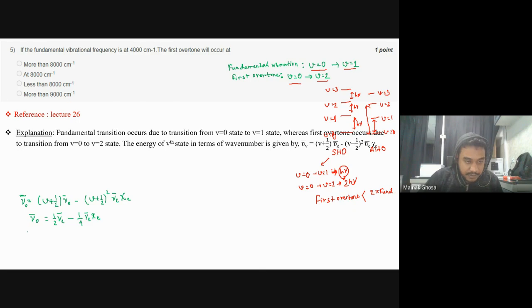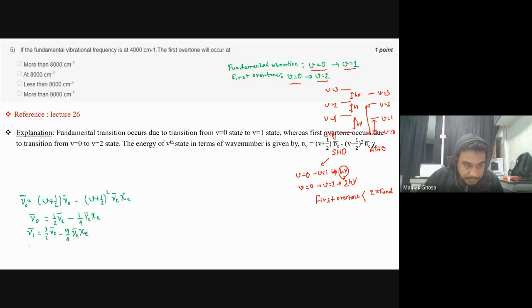Now what should be the value for nu 1 prime, for v equals 1? 1 plus half will be 3 by 2, so 3 by 2 nu bar e minus 3 by 2 square, 3 square is 9, 2 square is 4, so 9 by 4 nu bar e chi e.